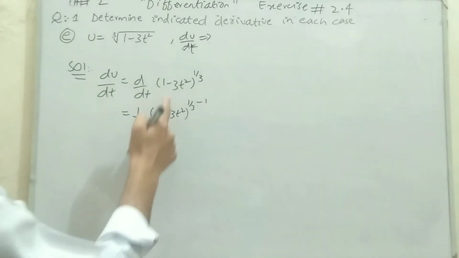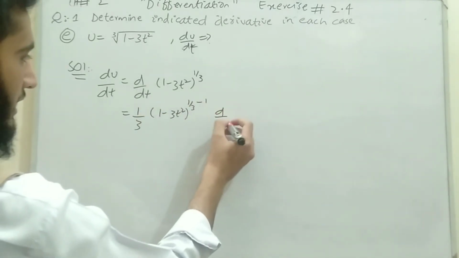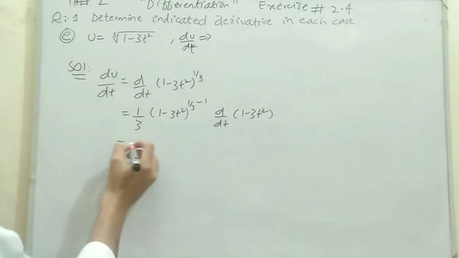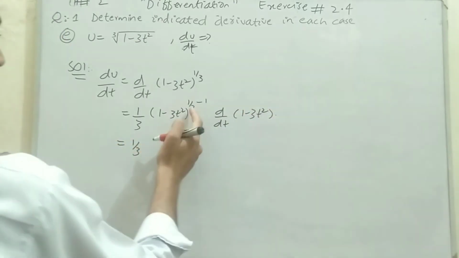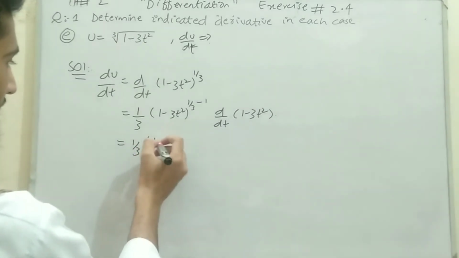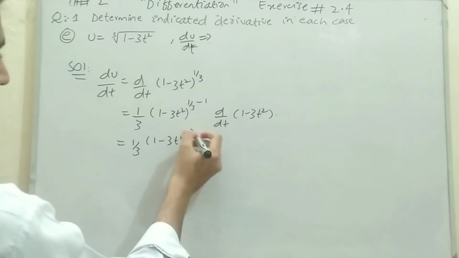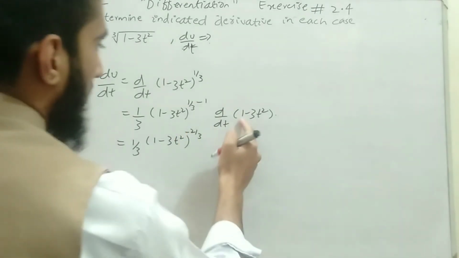And also take the derivative of the inner function, so d by dt of the inner function which is 1 minus 3t square. Now after this it becomes 1 over 3. Here it becomes (1 minus 3t square). 1 over 3 minus 1 gives us a value minus 2 divided by 3. And the derivative of 1 is 0.